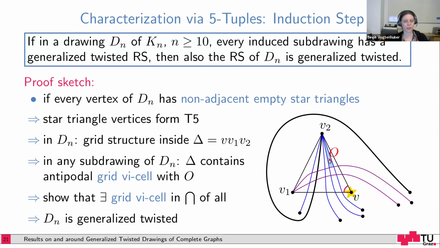So placing the point O, the curve endpoint O, in there gives us the desired properties, and symmetrically for the point Z. Then by the characterization, if we have an O and a Z that are antipodal, the drawing, or the rotation system, is generalized twisted. And for this step, we do need n to be at least 10 because we need a certain number of grid lines in these cells to guarantee that we find one cell in the whole drawing.